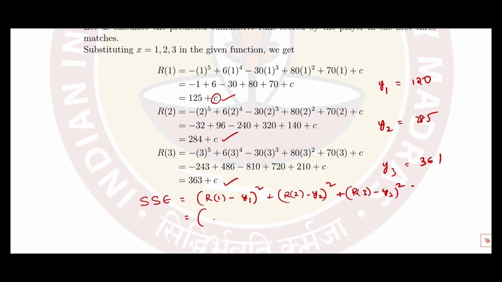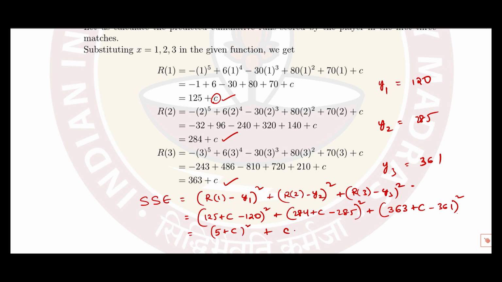So if we substitute the values, we get (125 + c - 120)^2 plus (284 + c - 285)^2 plus (363 + c - 361)^2. So this will be (5 + c)^2, and this will be (c - 1)^2, and this will be (c + 2)^2.